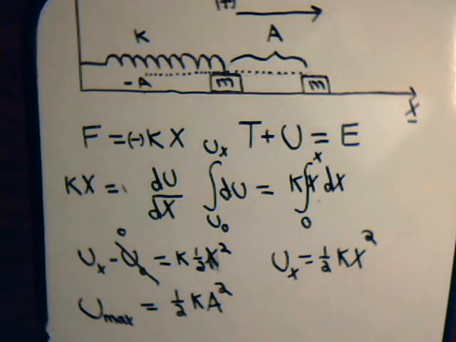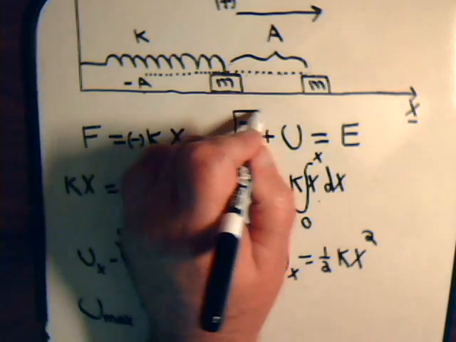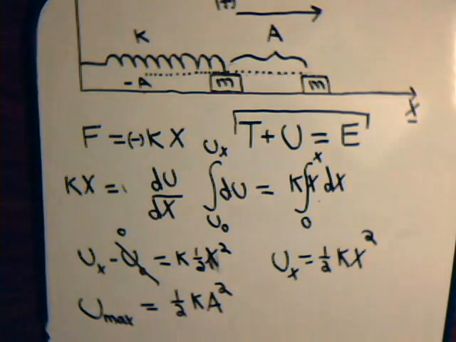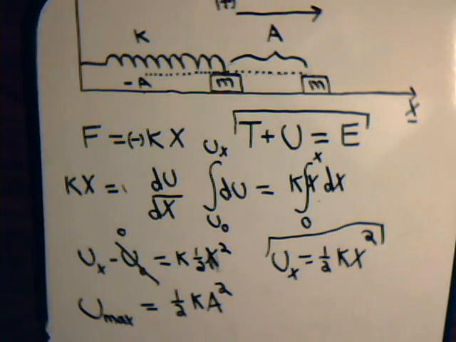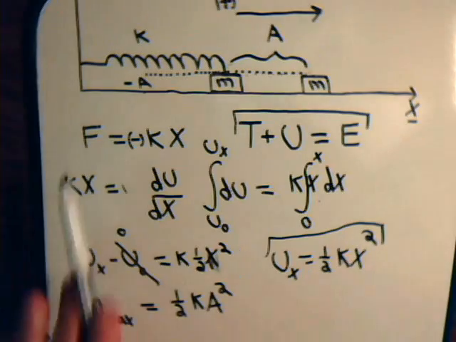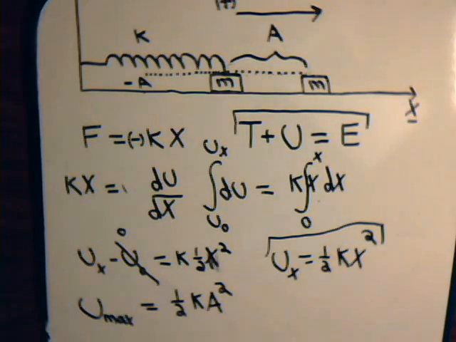Let's remember this. This is obviously the equation of a parabola, so we want to make a rough graph of that. We're going to erase all this and make some room and do that.